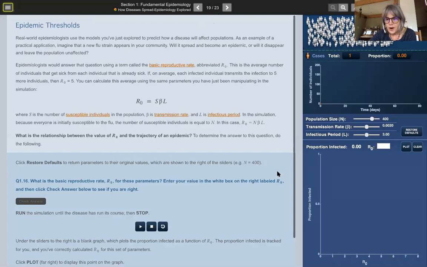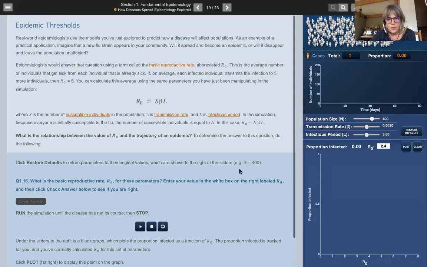The tricky part was realizing that I needed a calculator. You multiply 400 by 0.002 by 3, and that gives me an R sub 0 of 2.4.